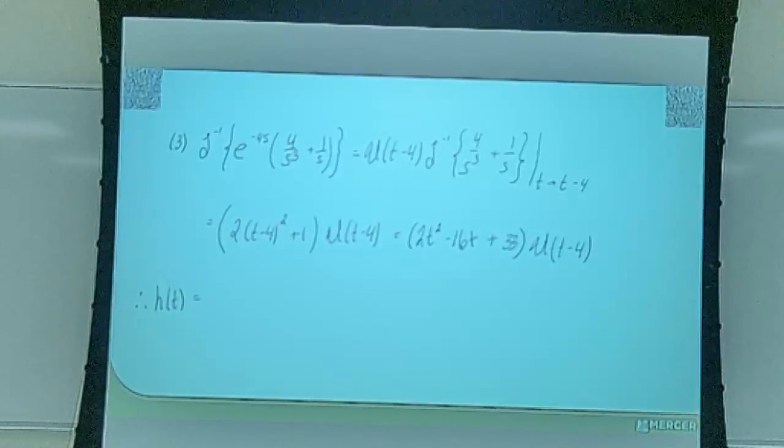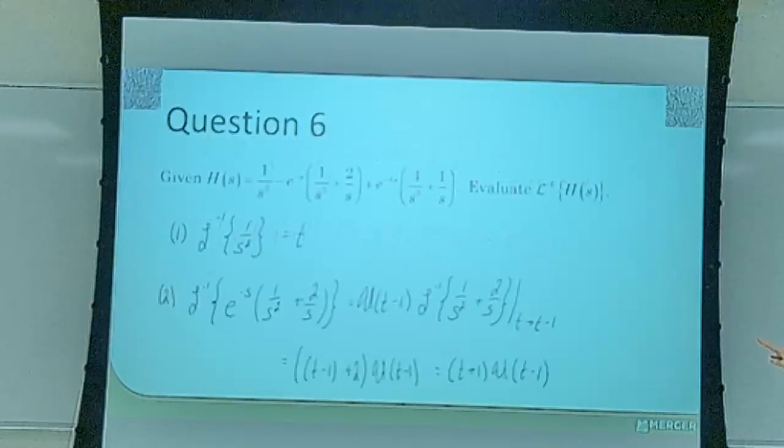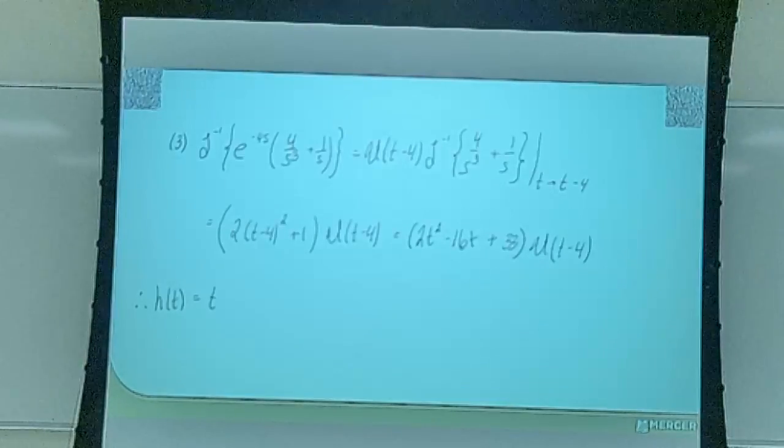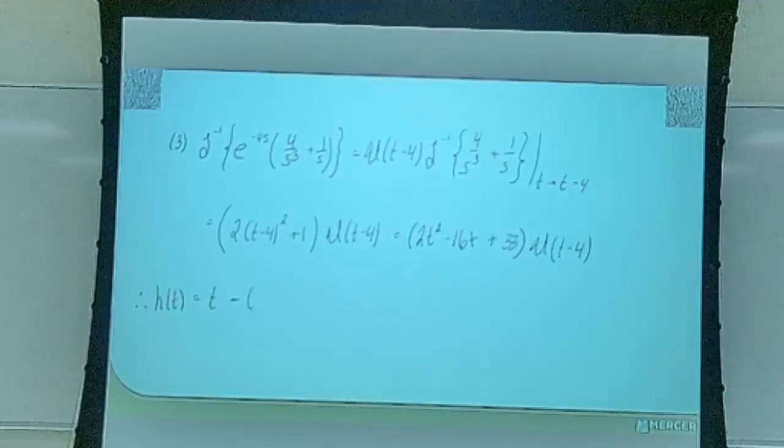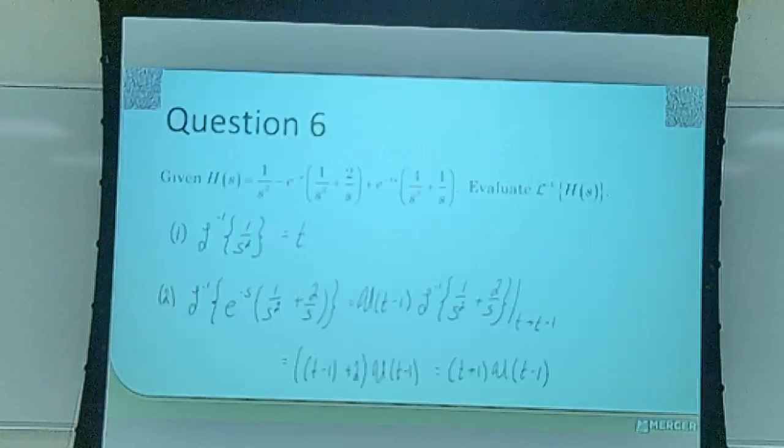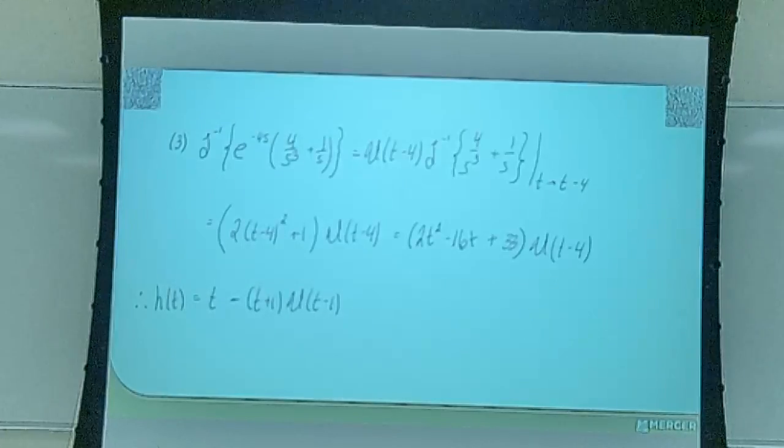So our function h of t, which is the inverse transform of big H of s, is 1 minus 2 plus 3.